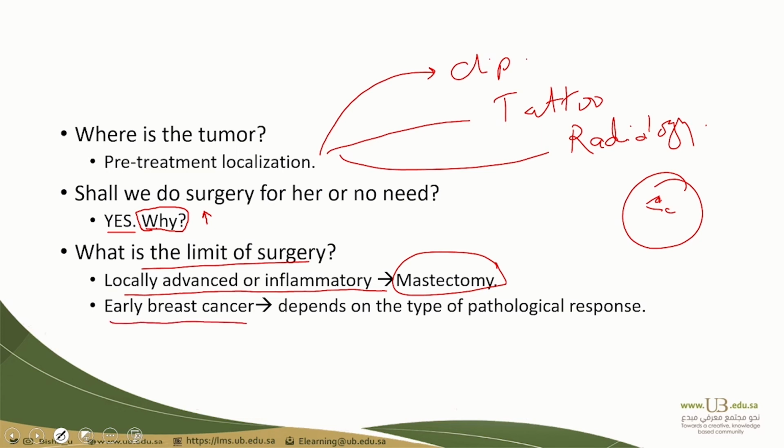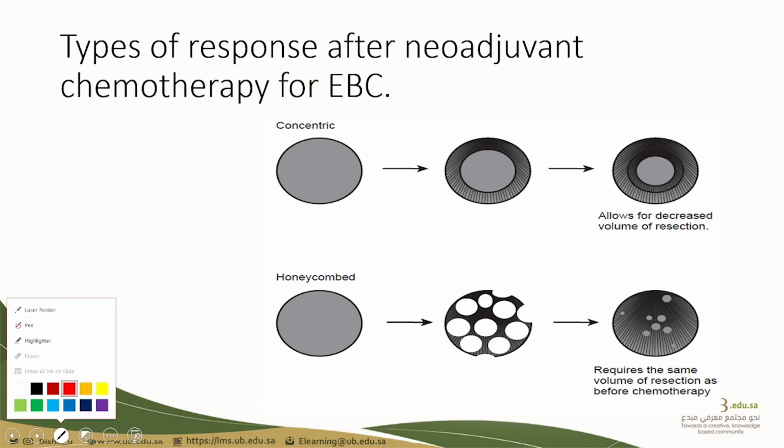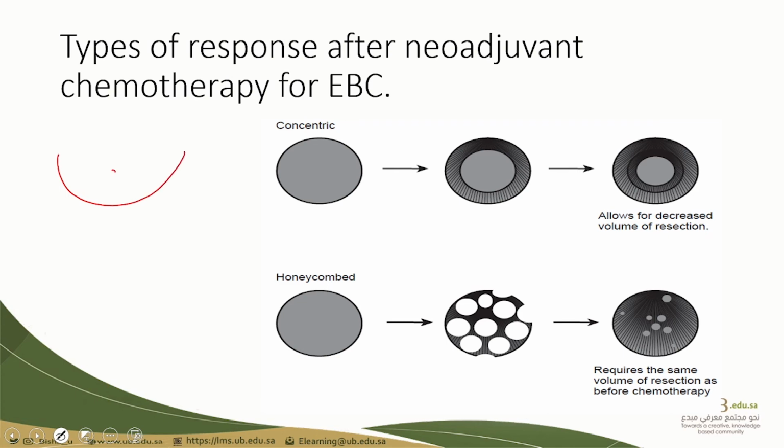For the patient with early breast cancer, it depends on the type of pathological response. What do we mean by types of response after neoadjuvant chemotherapy for patients who have early breast cancer and have complete clinical response in their breast? For example, I have this patient. She has a lump in this area, and we put a clip here.